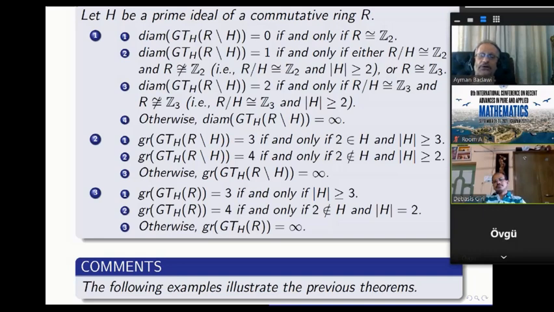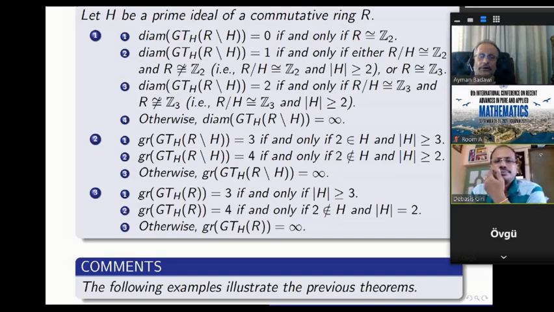So, a complete characterization for when the girth of this graph will be 3: if and only if the cardinality of H has to be at least 3 and 2 has to be in H. The girth is 4 if and only if 2 is not in H and the cardinality of H is bigger or equal to a bound.